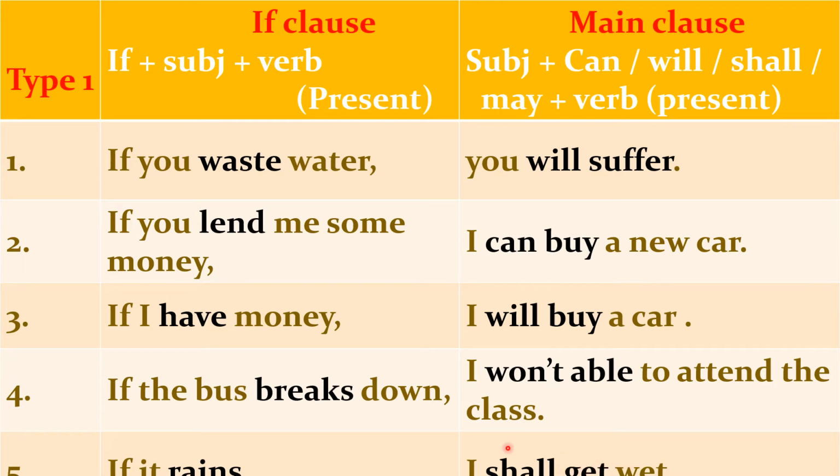So I hope this first type is clear. The structure is if plus subject plus present tense, subject plus can or will or shall or may plus present tense in the main clause. Otherwise, if plus subject plus present tense and in the result section, subject plus future tense.